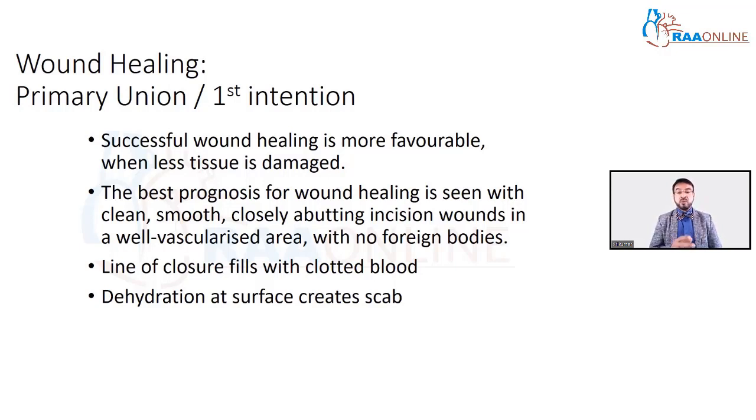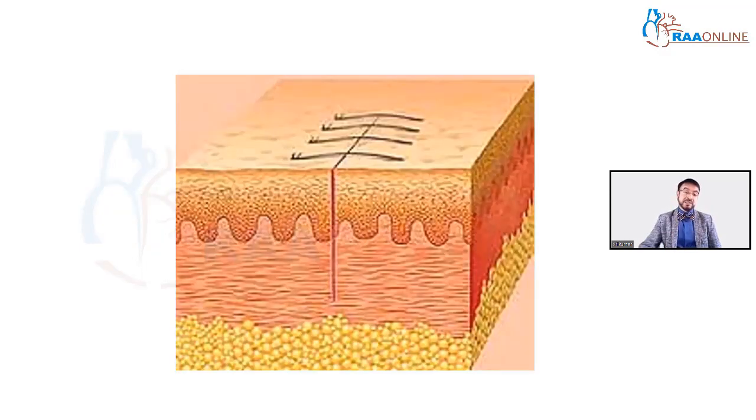So an ideal wound is a thin slit where the line gets filled with clotted blood immediately, a scab is formed, and it cuts the rest of the healing wound from the environment. This is an ideal wound. So what does an ideal wound look like? It looks like this, where you have a clean incised wound and surgical sutures.